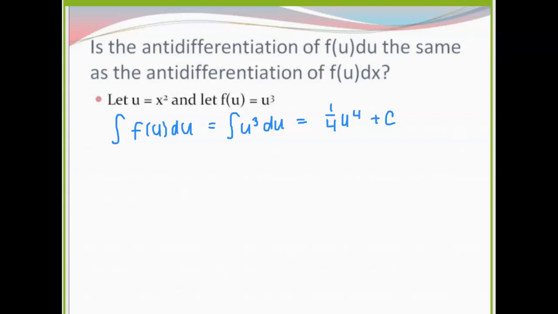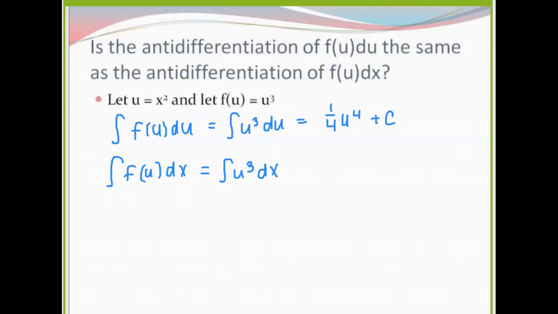Now the next one says find the integral of f of u dx. Well, f of u is u cubed. So they don't match. But u is x squared.